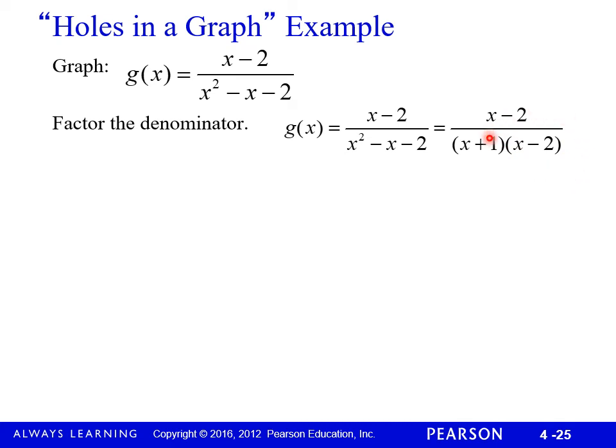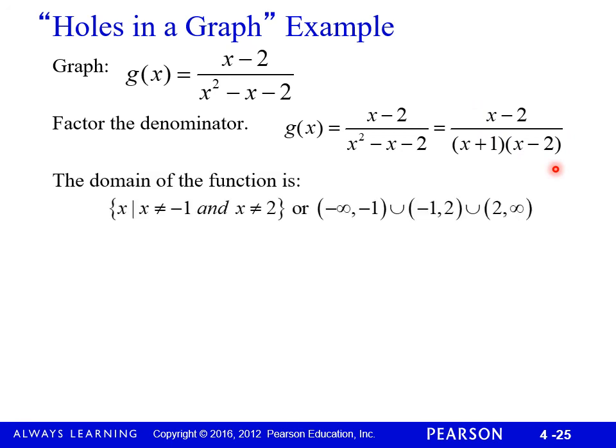So this means we will not have a vertical asymptote at x equals 2. Instead, at that value, we're going to have what's called a hole. When you have a common factor in the numerator and the denominator, where that equals 0, you have a hole. The domain of the function is that x cannot equal -1 and x cannot equal 2.